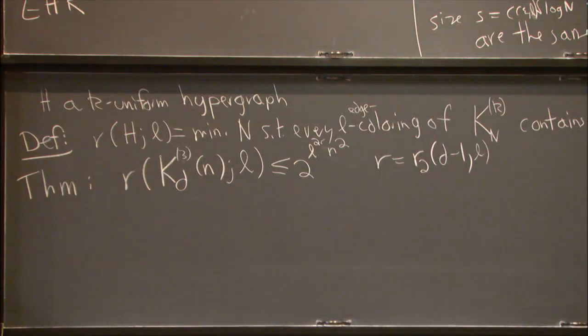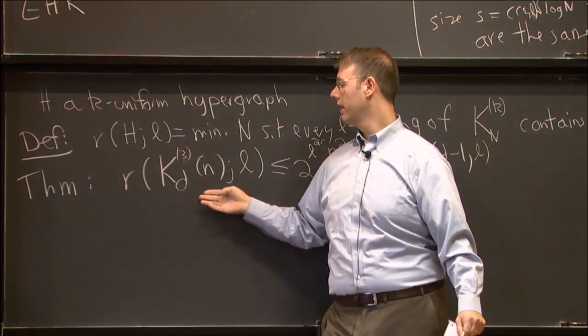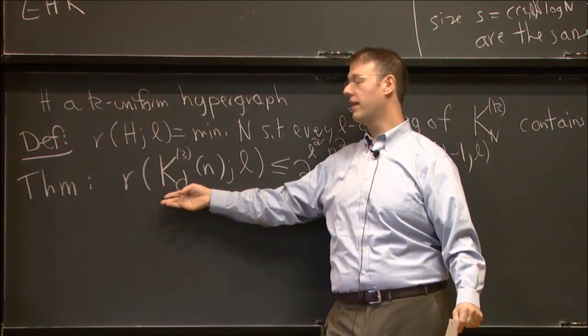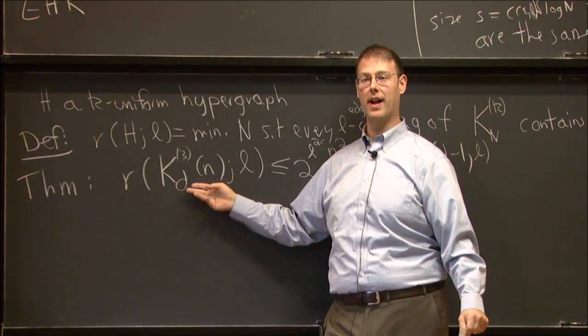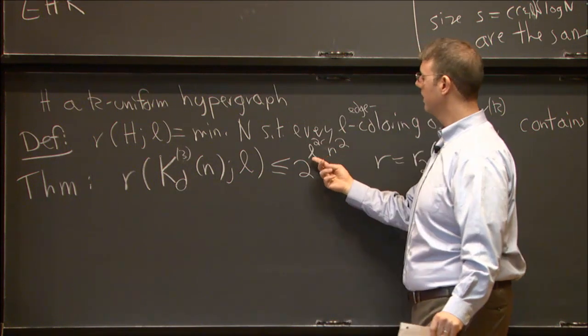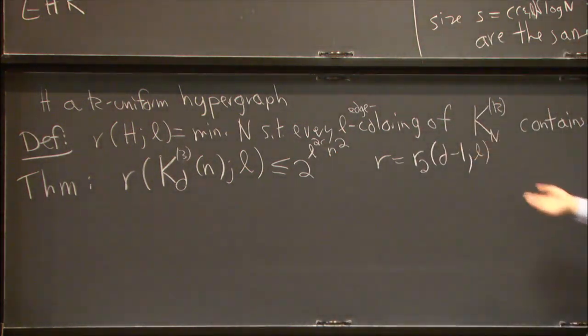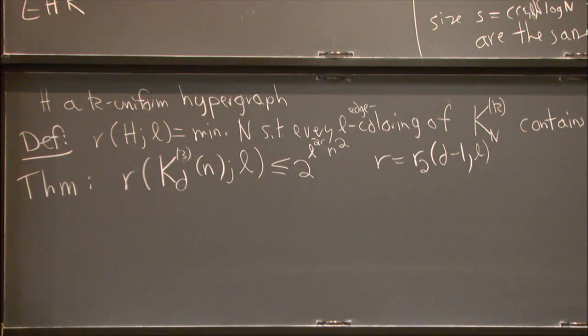When you let d be large enough, say bigger than 3 over epsilon, then this is almost complete: more than a 1 minus epsilon fraction of the triples will be in such a hypergraph. And this is tight up to the constant factor depending on L and d in front, which you can show by random coloring. So that's a strengthening.